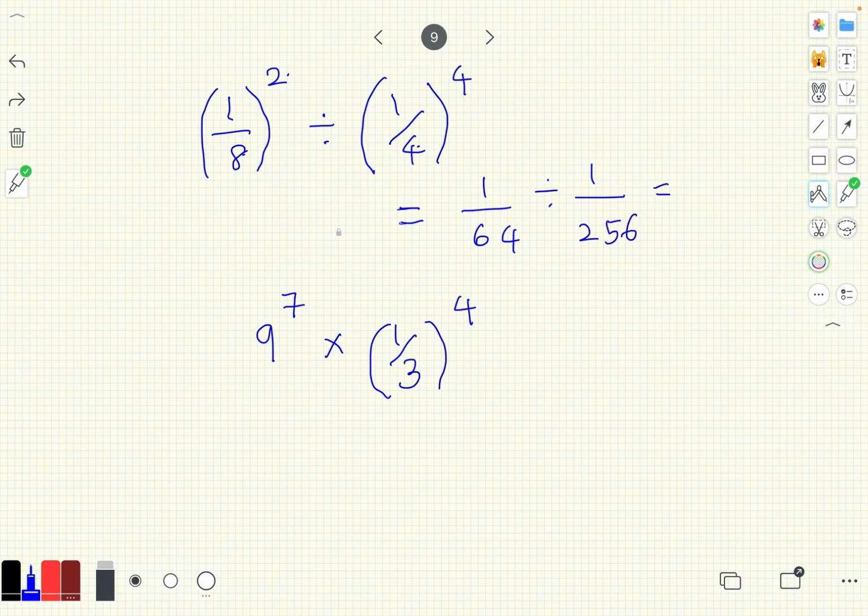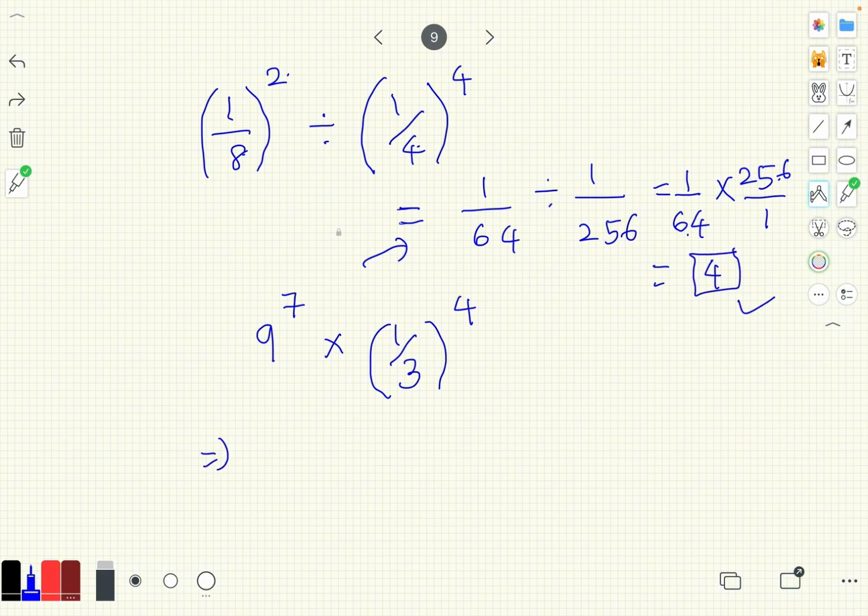Now, next we have to move on to the fraction idea. When 2 fractions are divided, we just have to multiply by the reciprocal of the second one, which is 256 over 1. Now, 256 divided by 64, that would be 4.